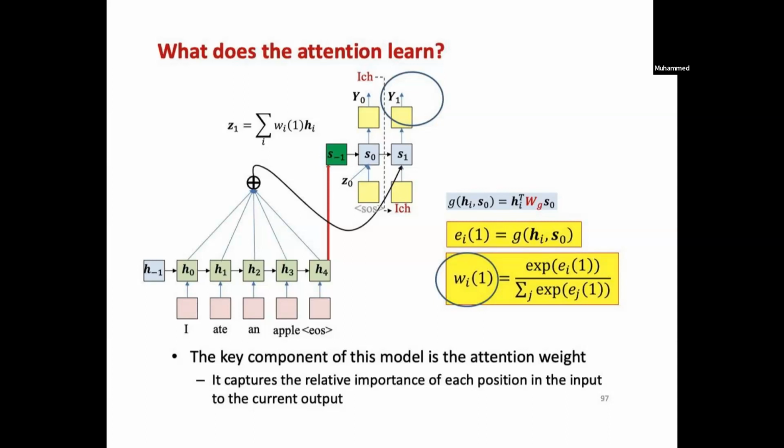What is learned is to attend to the more important input tokens at each output time step. At each step of the generation process, it learns to attend to the more relevant and more important positions in the input, which is what we want.